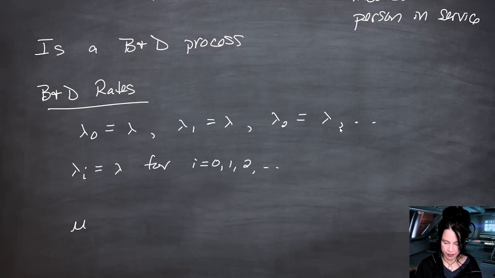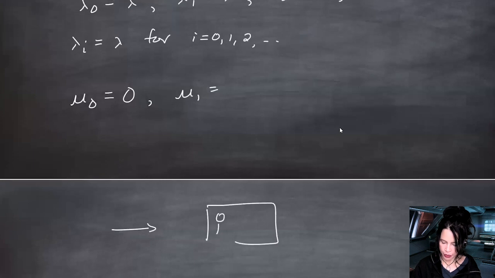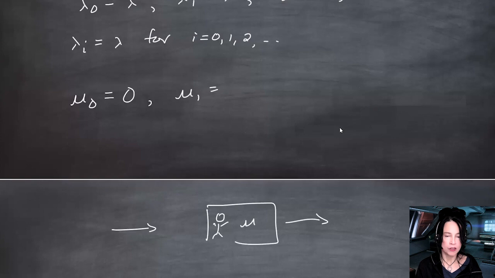The death rates: if there's 0 people in the system, then no one is departing, so there's no rate of departure. If there's 1 person in the system, then it looks like this. There's no one in line, there's 1 person here. That person is being served with an exponential amount of time with rate mu, and the time of the next departure happens after that exponential amount of time with rate mu.